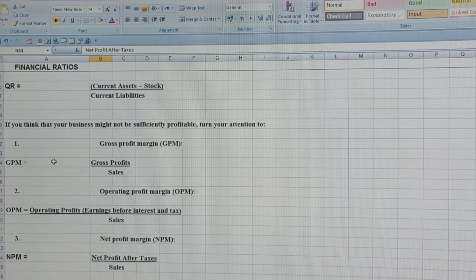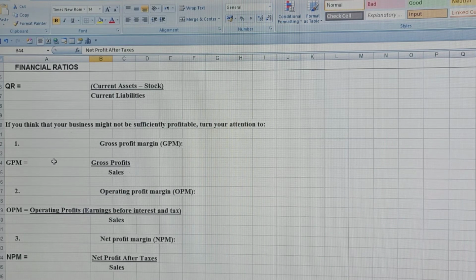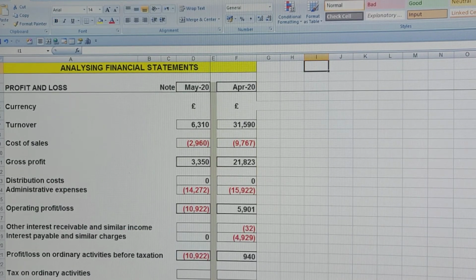If you collect money from your debtors a lot quicker than you pay your creditors, that will be good news. But if it's the other way around, that will be bad news. Now, with those ratios, I am going to show you the analysis of our company here, Joe Blocks.